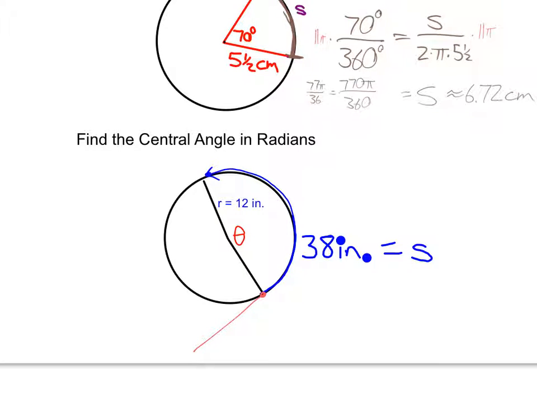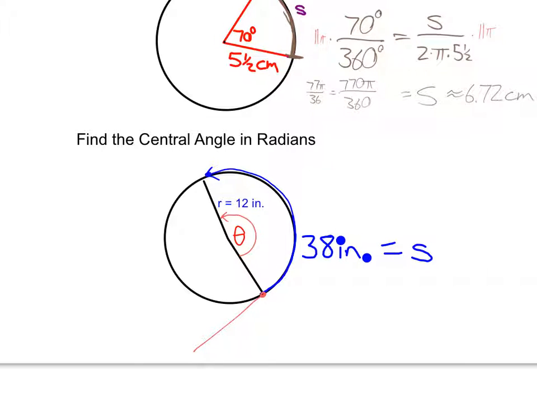So I need to be very precise. If I need to move it exactly 38 inches, I gotta be precise in what angle I program my machine to rotate through. So I've used the Greek letter theta here to represent the angle. And here it says that we need to do it in radians.